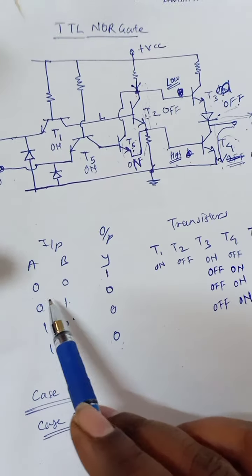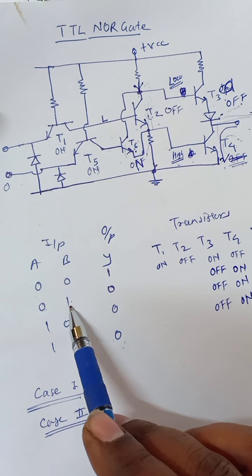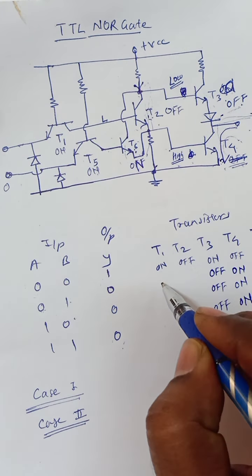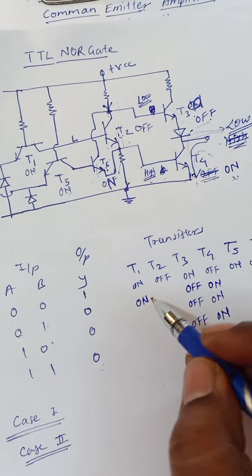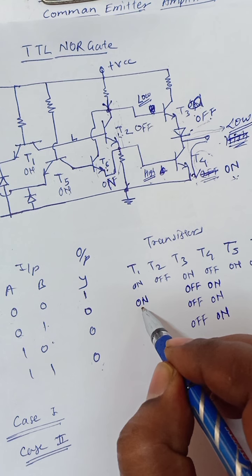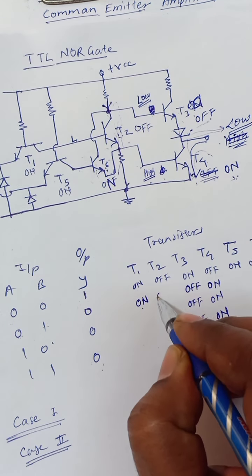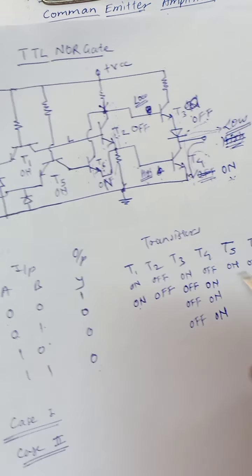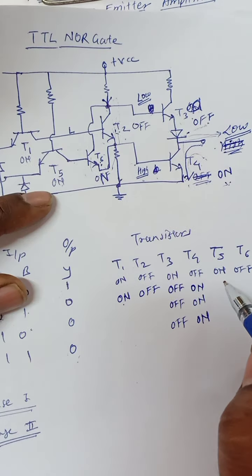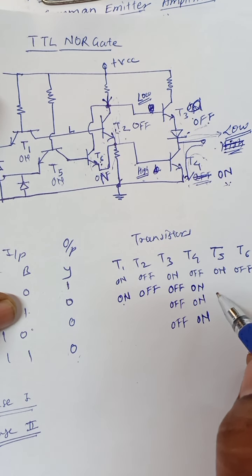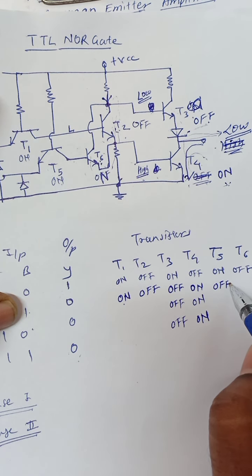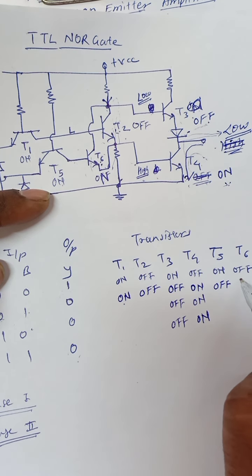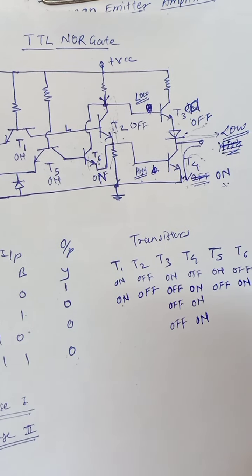Okay, so when A is 0 and B is 1, T3 will turn on, as T1 will turn on and T2 will turn off. Because of this one, T5 will turn off and T6 will turn on.